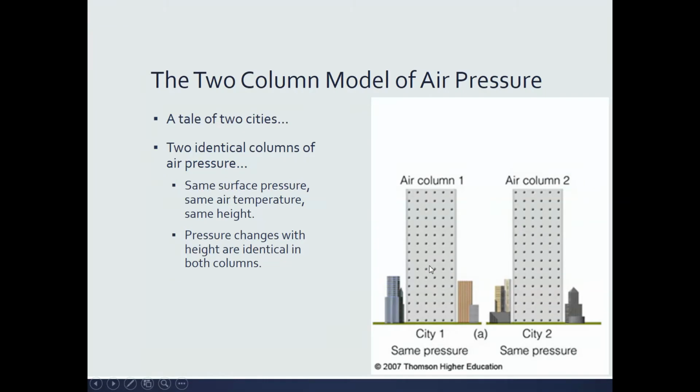To figure out what the air pressure is, simply count the number of dots above this cursor. If you go over to column 2, you'll notice that same number of dots, therefore same pressure. So pressure changes with height are identical between these two columns of air.